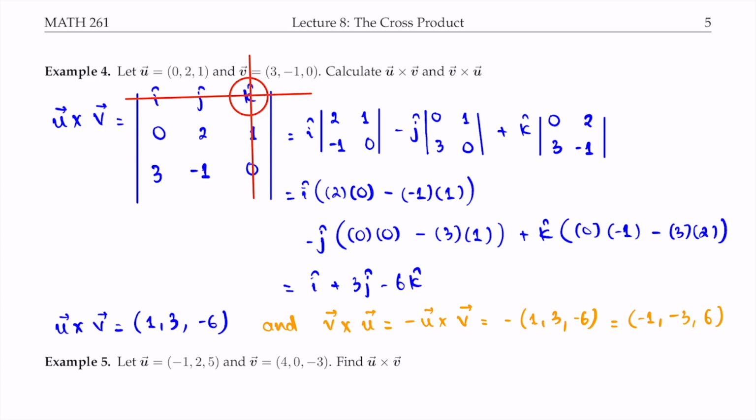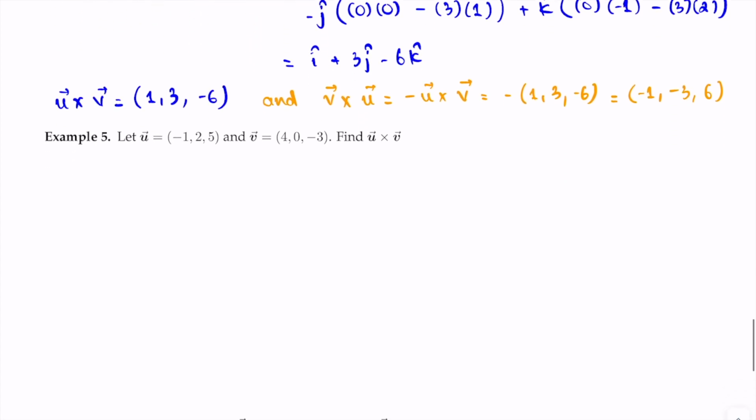Now similarly, we're going to do the calculations on u crosses with v, given that u is equal to -1, 2, 5, and v is equal to 4, 0, -3. So you set up the calculations as follows. You form a 3 by 3 determinant, where the first row consists of i, j, and k.